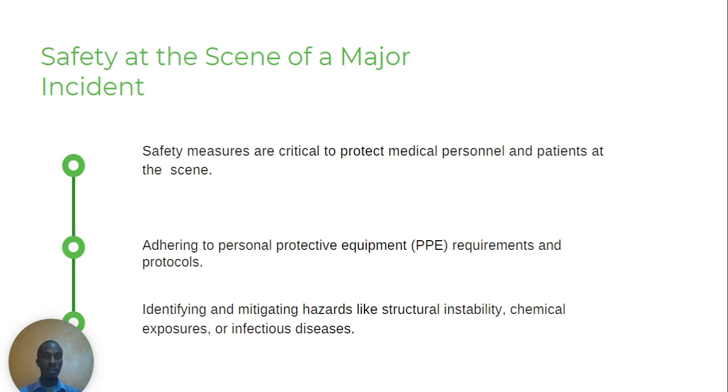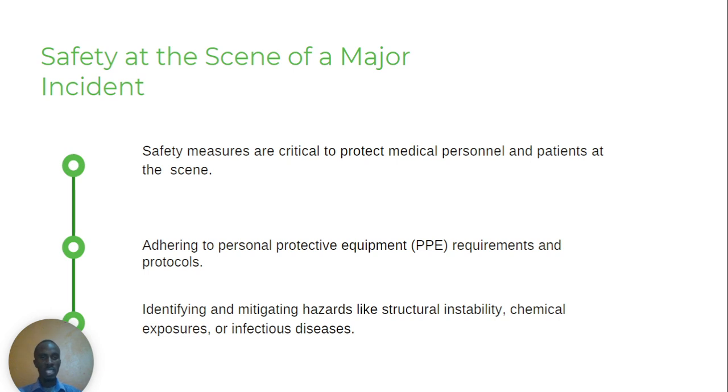and maybe gumboots sometimes. So you should be able to identify and mitigate hazards like structural instability, if the structure or a building is unstable and is liable to fall even with a little force.